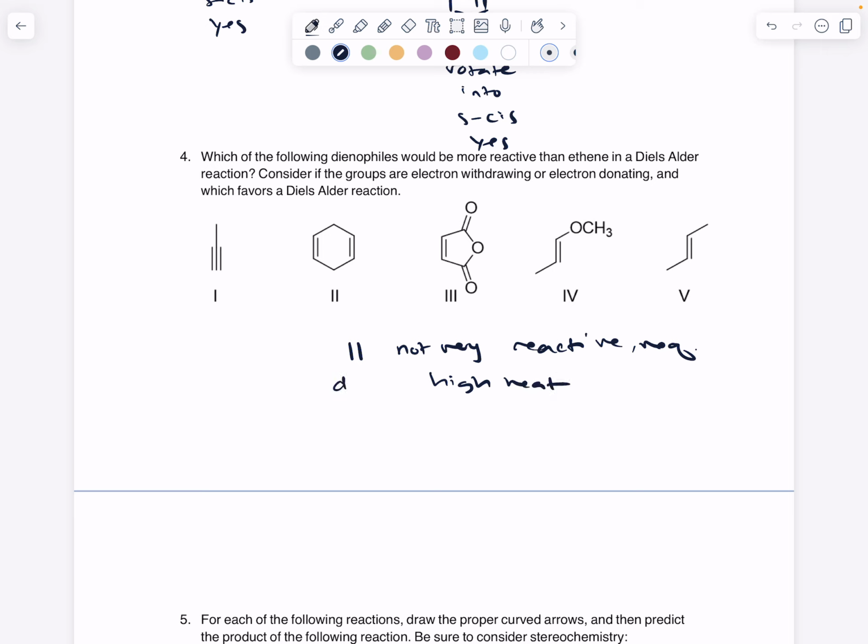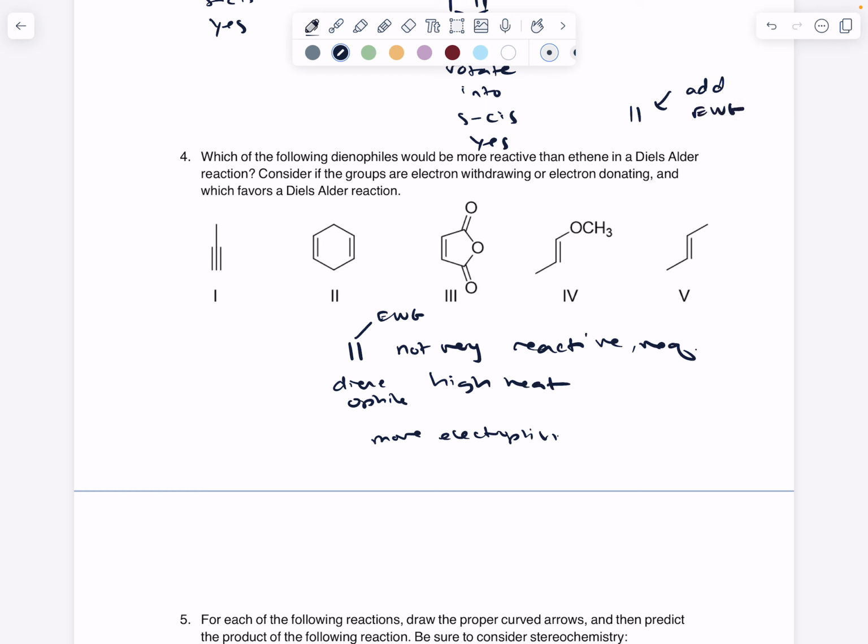So this isn't a great dienophile. We talked about adding electron withdrawing groups to make this more electrophilic to improve it. So I'm looking for something more reactive than this, by adding electron withdrawing groups.